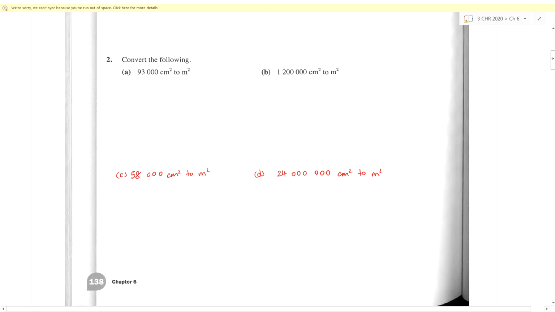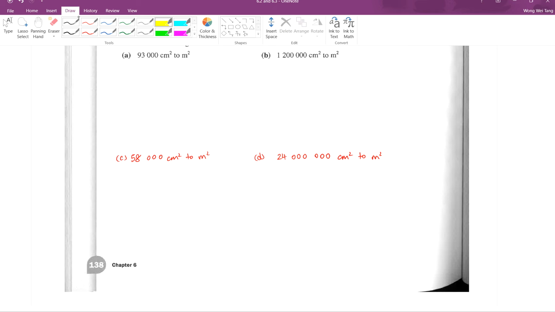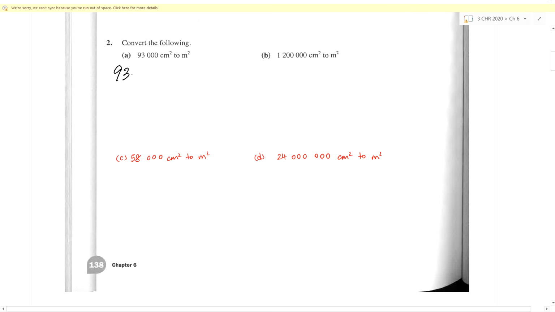So going back to our question, 2a. 93,000 square centimeters is equal to the same number, copy the same number, 93,000. Then instead of multiplying, we are going to divide.